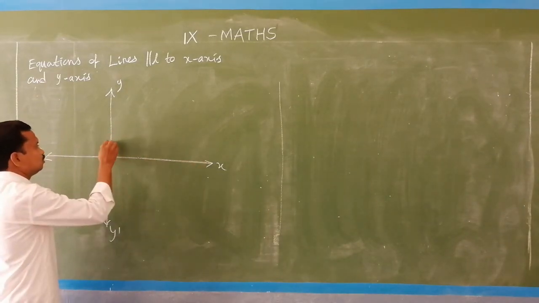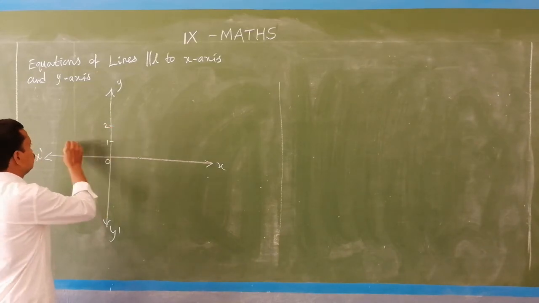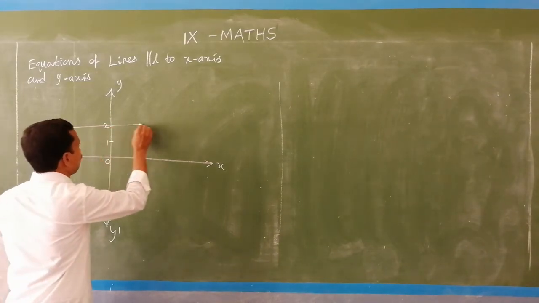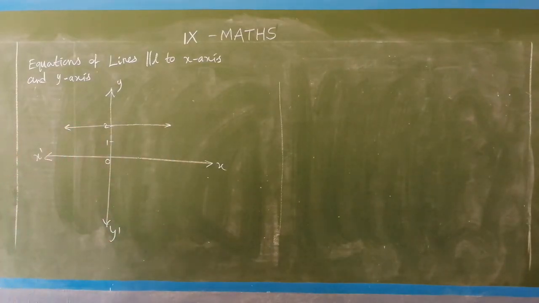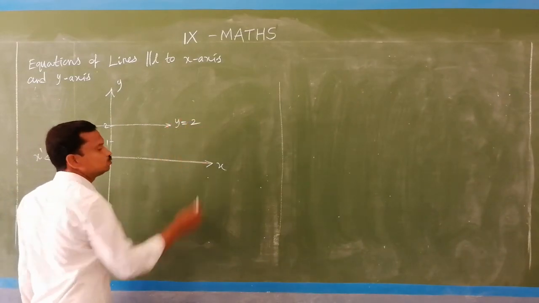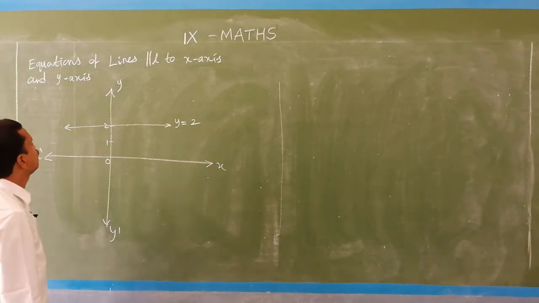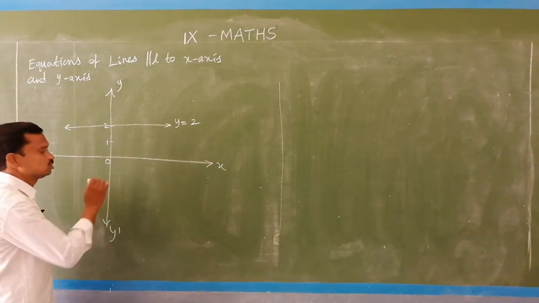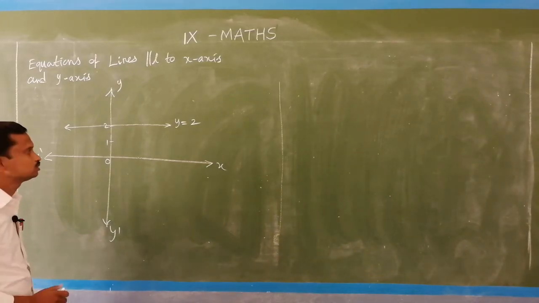If you draw a line like this, which is parallel to x axis, this is nothing but y equal to 2. Already I taught you, but under this topic you just come to understand what is the equation of a line parallel to x axis.